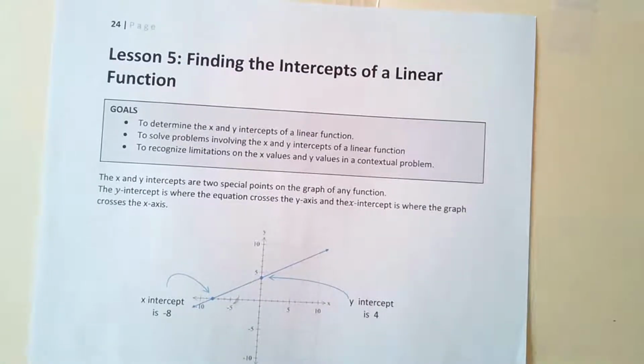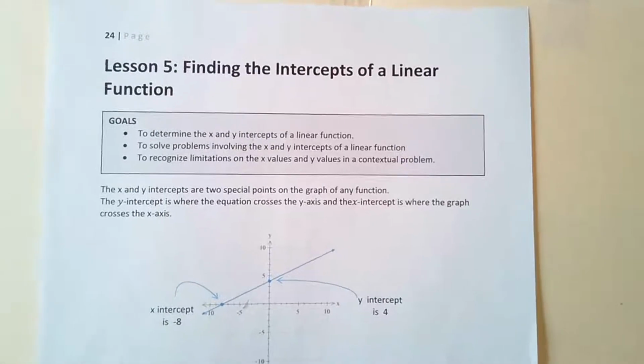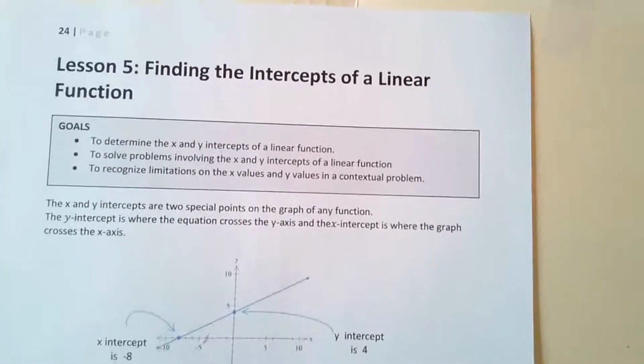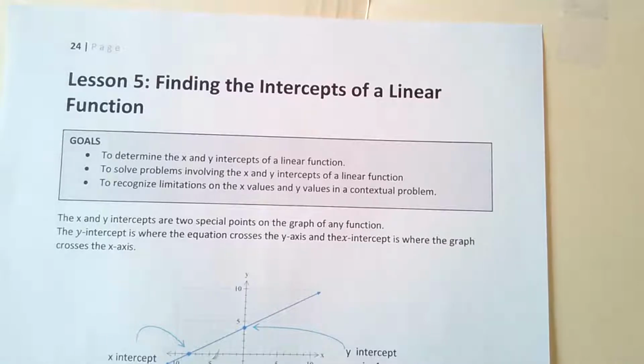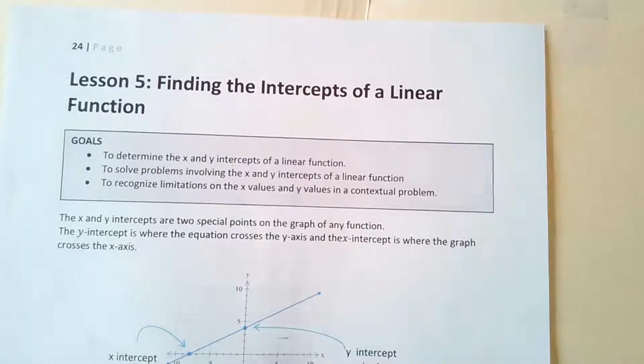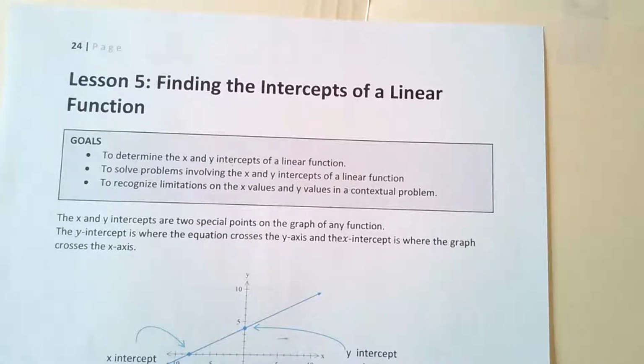So as we've been continuing, the entire booklet is focusing on graphing and linear functions. And we said a linear function is basically a straight line, another way of describing a straight line.